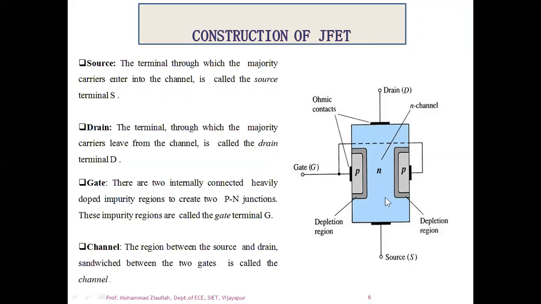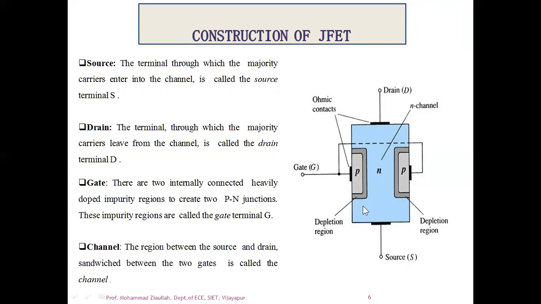Based on this channel, JFETs are classified into N channel and P channel. If we use N type material between the two P type semiconductor materials, then that N type becomes the N channel. Similarly, for a P type channel, instead of P, we have N type semiconductor.